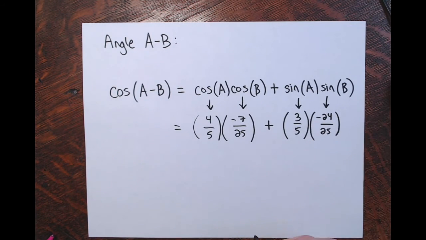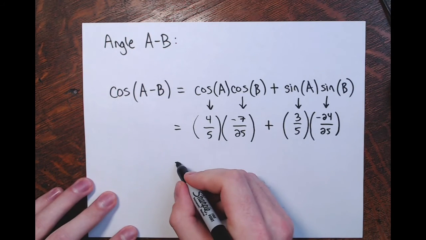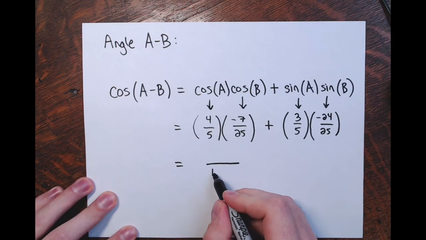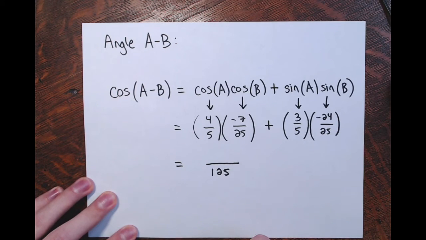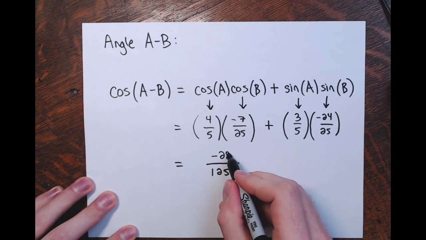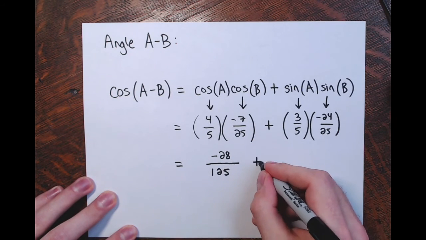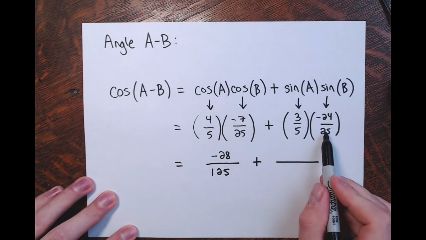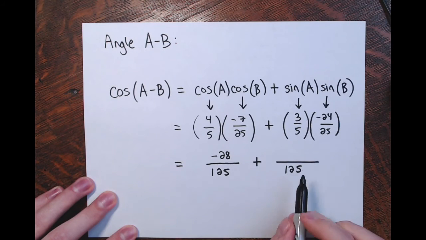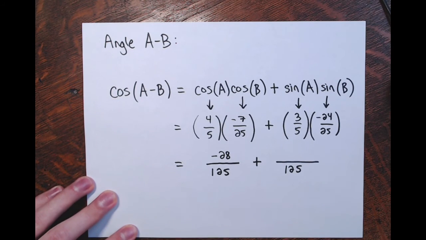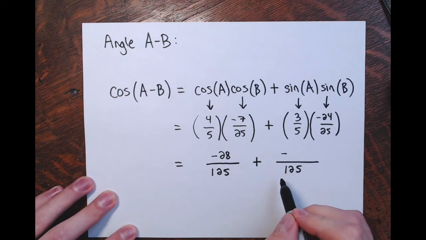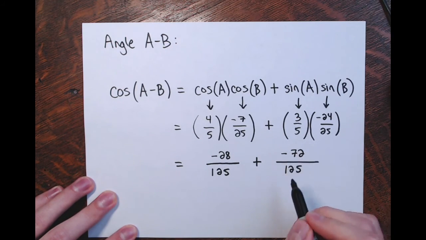All right. This first product, the denominators would be 125, right? 5 times 25. The numerators, 4 times negative 7, is negative 28. Plus, these have the same denominator, 5 times 25, 125 again. So we got a common denominator. We can add these as they look. Then the numerators, 3 times negative 24 would be negative 72.